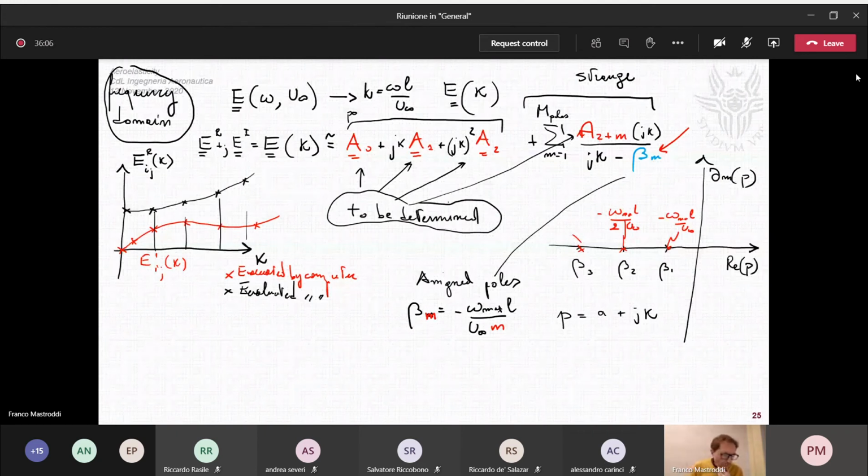And the point is, how can you calculate this coefficient? How can we calculate the matrix coefficients, in the sense that they are matrix coefficients of this aerodynamic matrix representation?